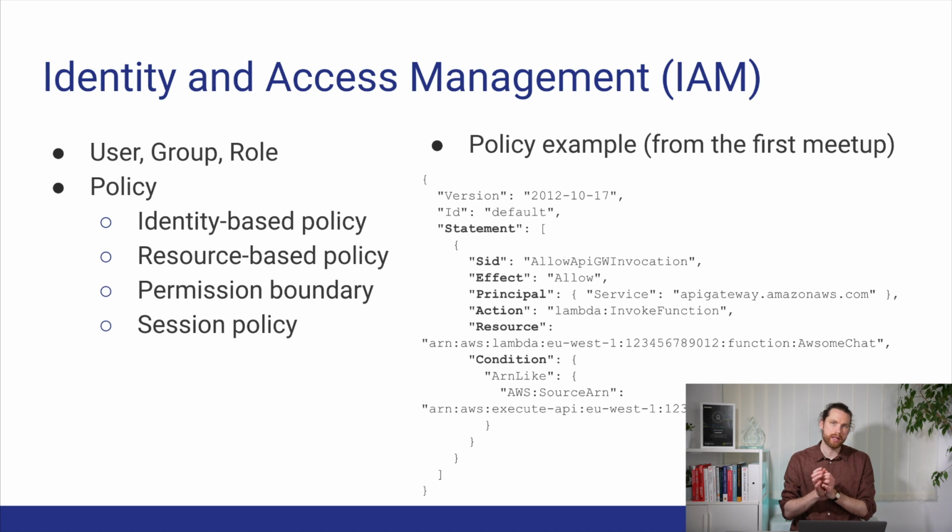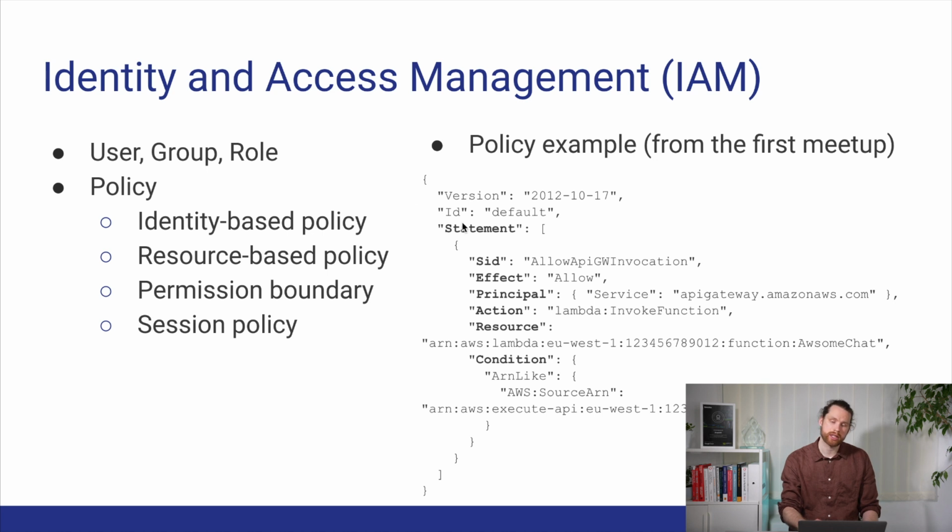On the right-hand side, you can see a policy example. Each and every policy has this structure, but there are elements that are optional. So these are in JSON format. The policies basically are defined in JSON.